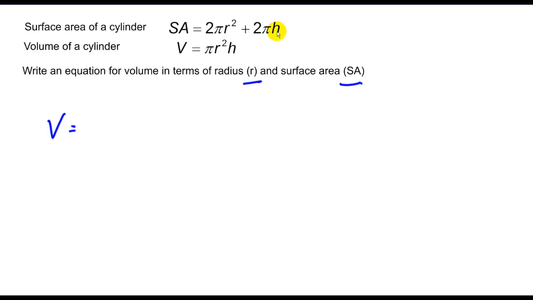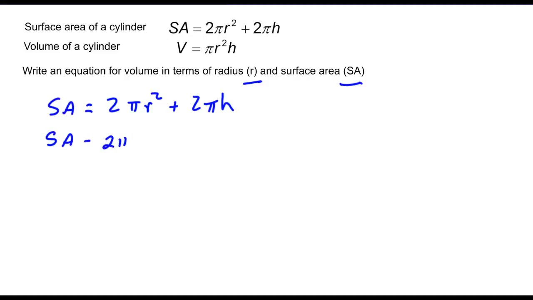Let's get h by itself in my surface area equation. Surface area equals 2 pi r squared plus 2 pi h. I want to get h by itself, so I'll subtract the 2 pi r squared from both sides of the equation, giving me surface area minus 2 pi r squared equals 2 pi h.